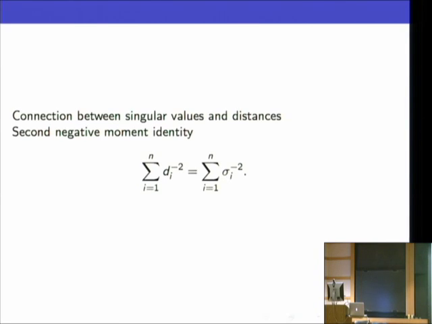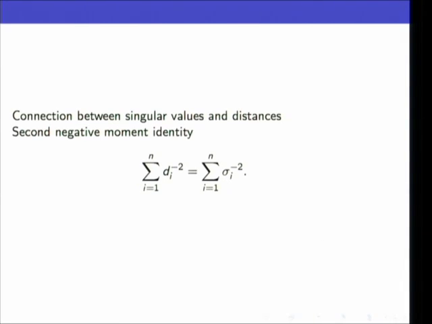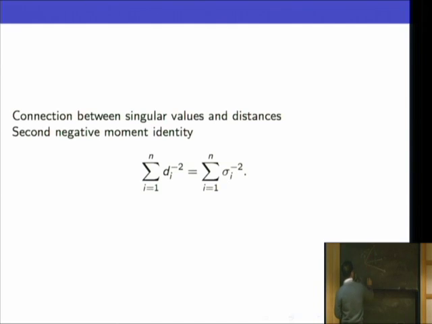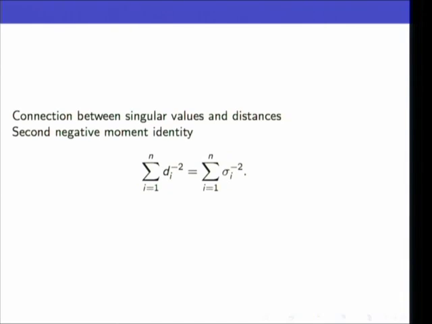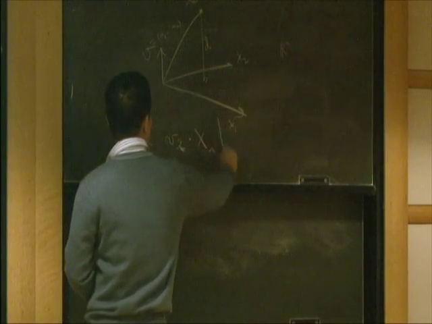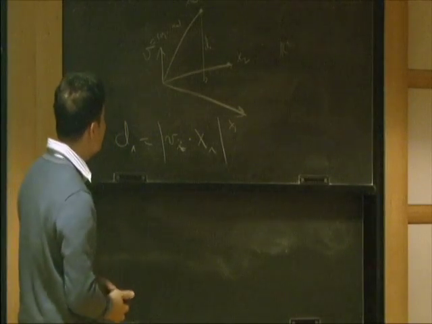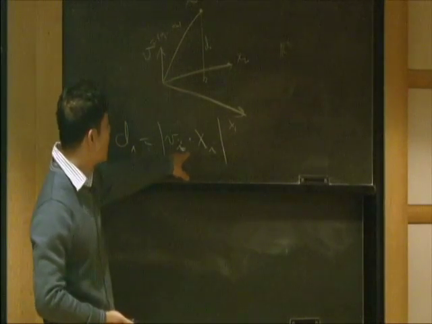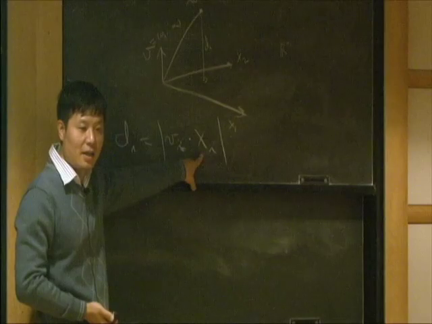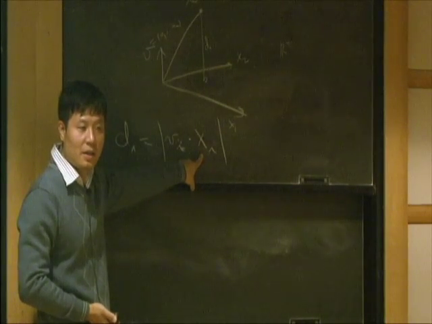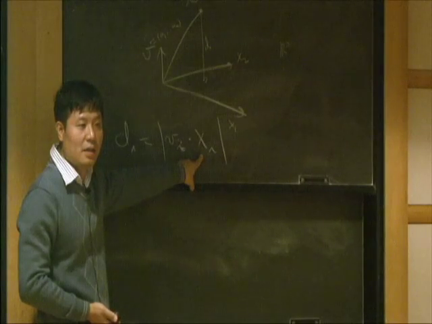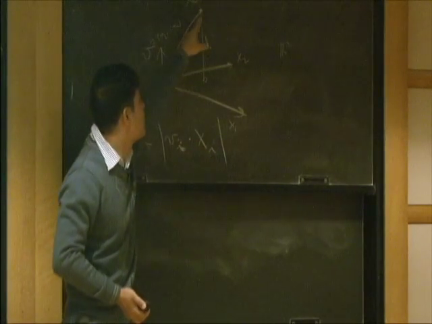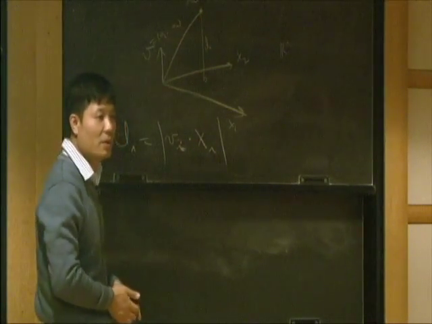If we have a normal vector v equal a_1 up to a_n, then d_i is just the absolute value of the normal vector v_i times the random vector x_i. It is the distance from this vector to the opposite hyperplane.